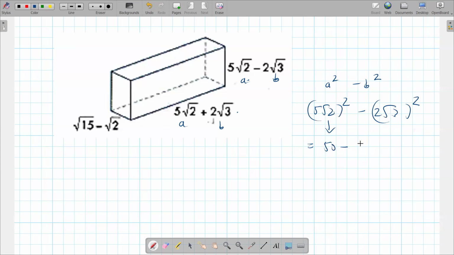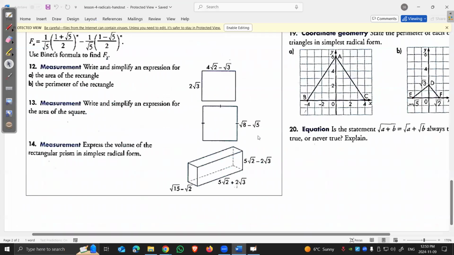On the other side you have 4 times 3, which is 12. So that is 38. So we just multiply 38 with root 15 minus root 2. Can root 15 be reduced? No. So that's the final answer. Pretty simple, right?